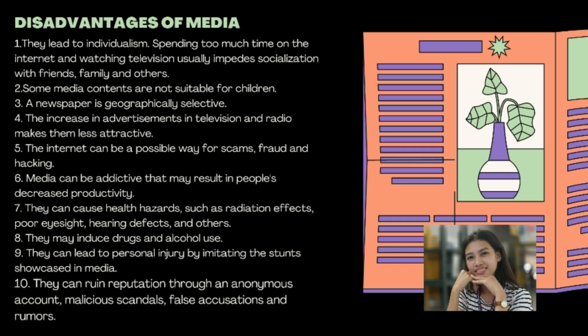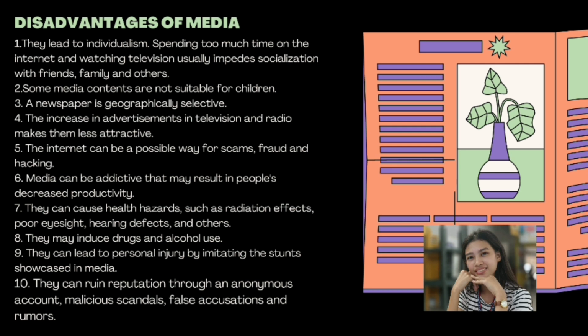These factors can drive audiences to seek alternative platforms with fewer or no ads, such as streaming services or ad-free subscriptions. The fifth disadvantage is the internet can be a possible way for scams, fraud, and hacking. The internet is useful but can be dangerous because of scams, fraud, and hacking.